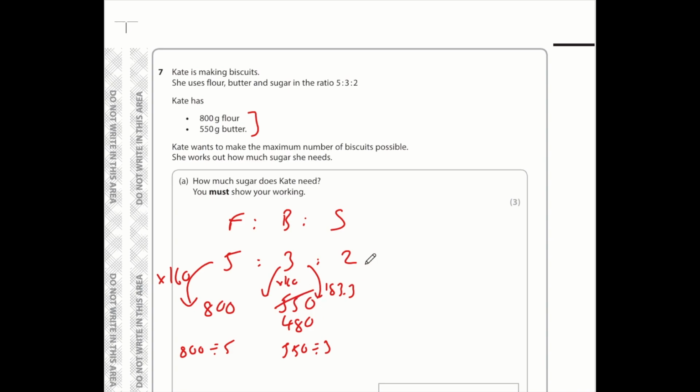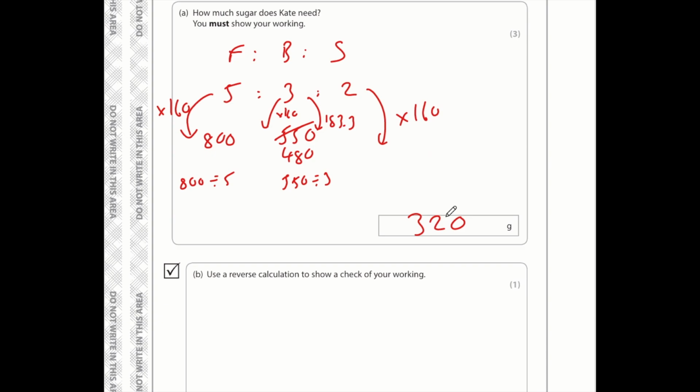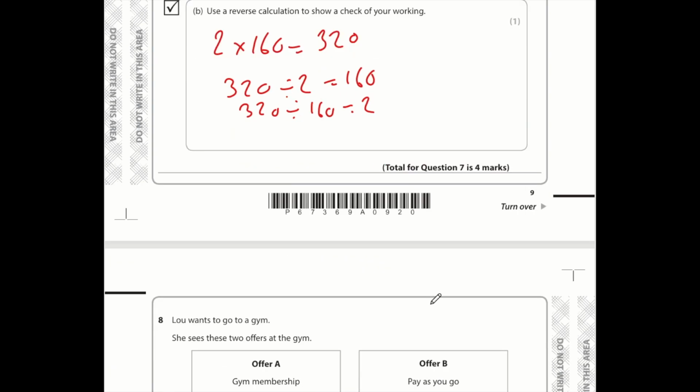But we're interested in the sugar, so we need to scale this up 160 times as well, and 2 times 160 is 320, so she needs 320 grams of sugar. So our final calculation was 2 times 160 equals 320, and if we're working this backwards, we could just do 320 divided by 2 equals 160, or 320 divided by 160 equals 2. Either of these would be acceptable.